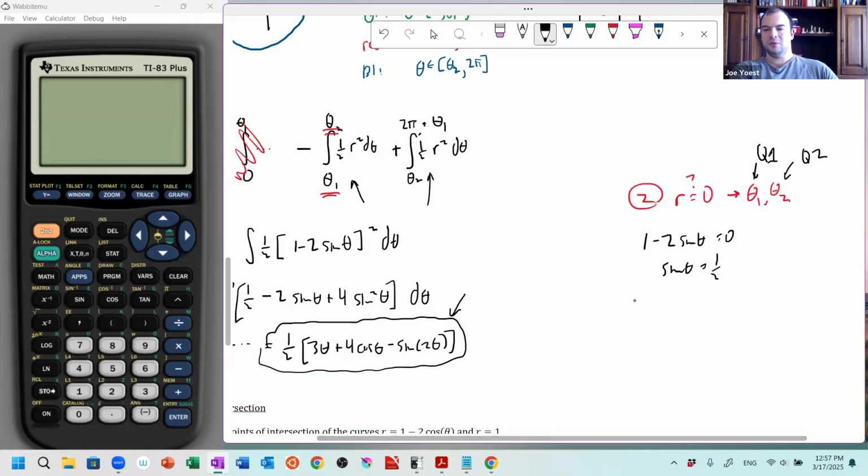All right, so when is sine theta 1/2? Well, I know that I have a situation here where my opposite is 1 and my hypotenuse is 2. That sounds an awful lot like a 1, 2, √3 triangle. And I know this is a 30, 60, 90 triangle. So my 90 is there.